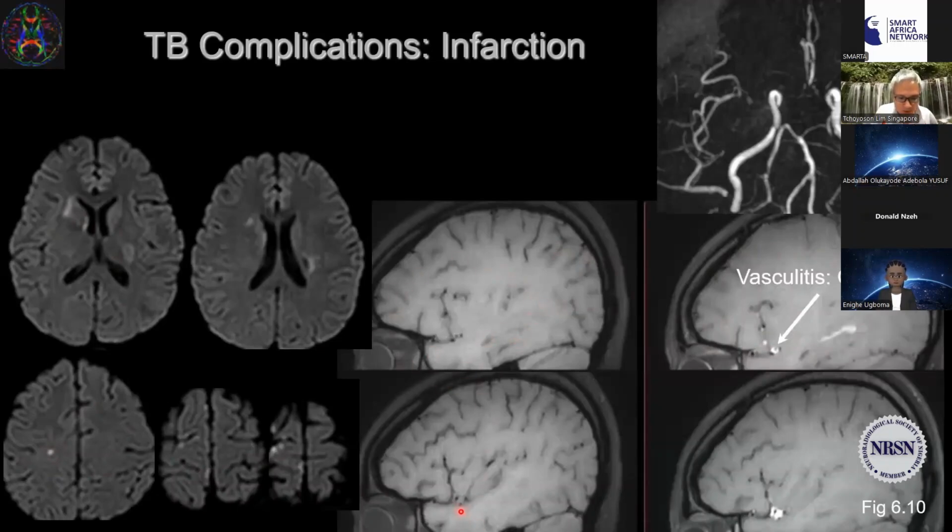You can see that the MCA branches still look quite patent. And after contrast enhancement, you can see the abnormal contrast enhancement outside the MCA and decrease in the caliber and vasculitic infarctions visualized very well on black blood, black CSF vessel wall imaging.